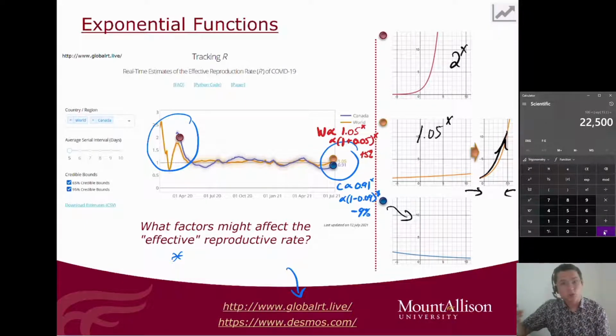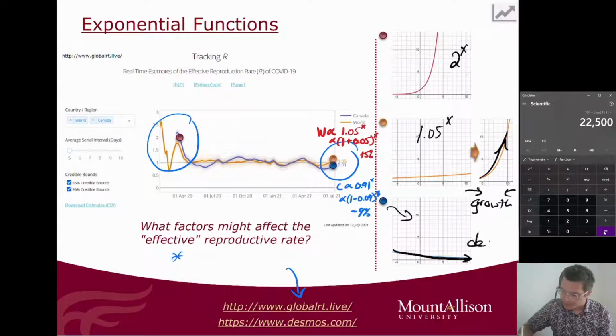So in this case, we're losing a consistent proportion, and so we get this exponential decay, and it'll slowly go towards 0. So the exponential growth is on top and decay is on bottom. And they look a little bit different in terms of how they behave as you go on in time.